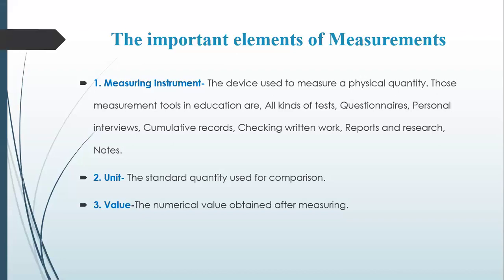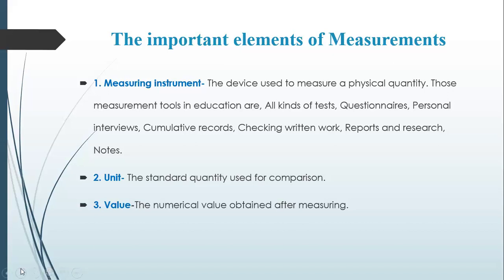But in the educational view, it can be quantitative or qualitative, like a quality, marks, or scale scores. Then the value is the numerical value obtained after measuring. As we discussed, measurement is a quantitative one, so most probably there will be a numerical value.